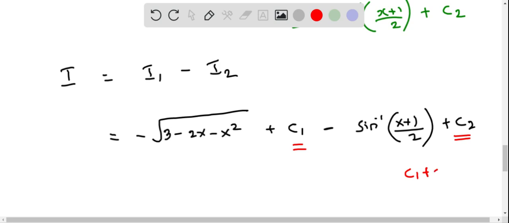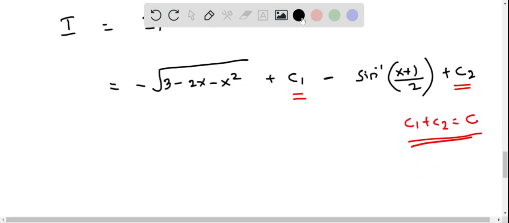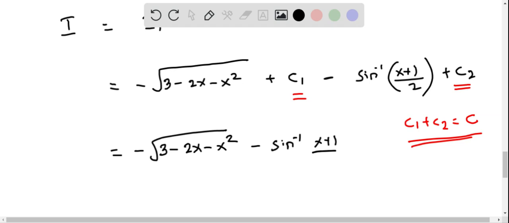This could be replaced by another constant c, because when we add these two constants, we get a constant which could be replaced as just one constant. So finally we will have negative of the square root of 3 minus 2x minus x squared, minus sine inverse of x plus 1 over 2, plus C, where this C is equivalent to C1 plus C2. So this is the result of our first integral.